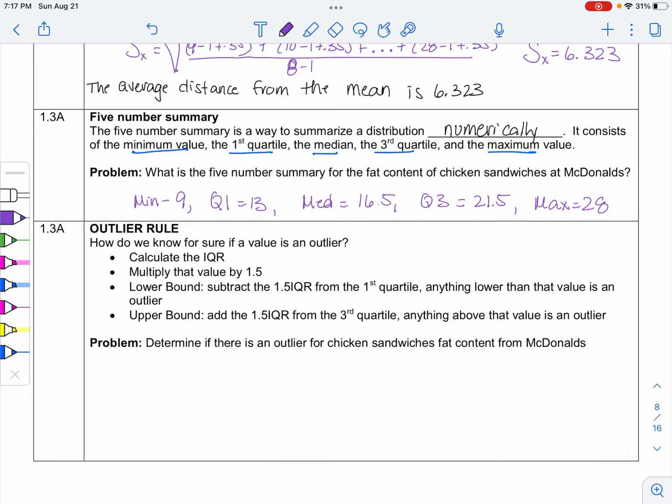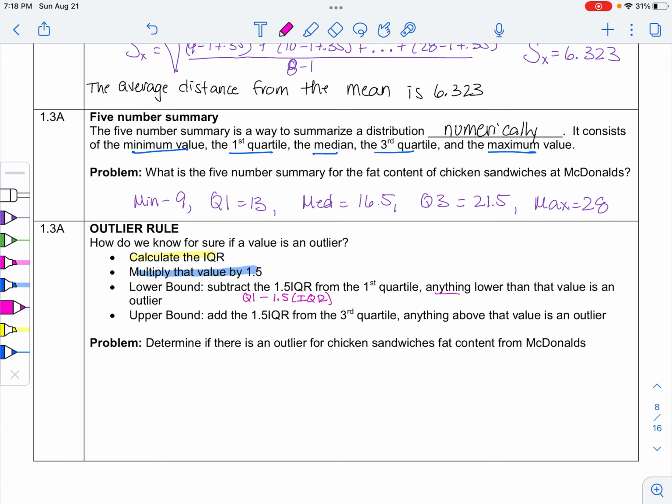Now, the final question is, how do we know if a value is an outlier? So here's what we do. You're going to calculate the IQR. Next, you're going to take your IQR and multiply that value by 1.5. From there, to find your lower bound, you're going to take your Q1 and subtract 1.5 times the IQR.